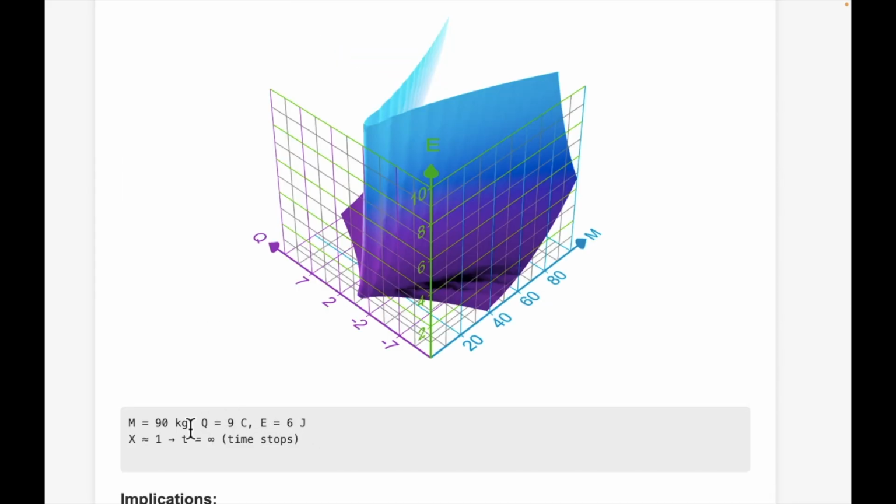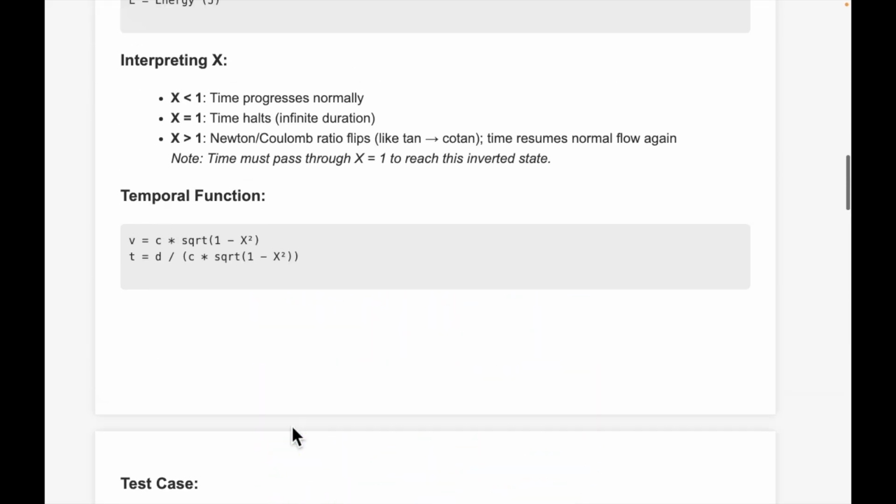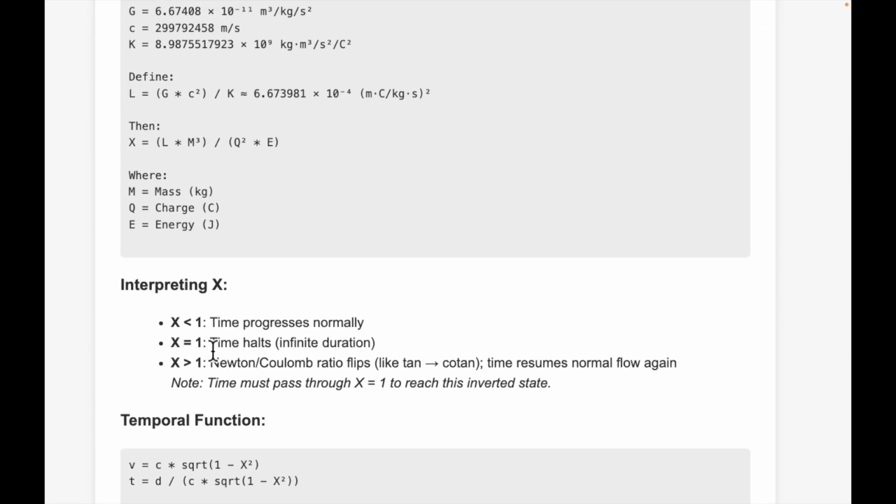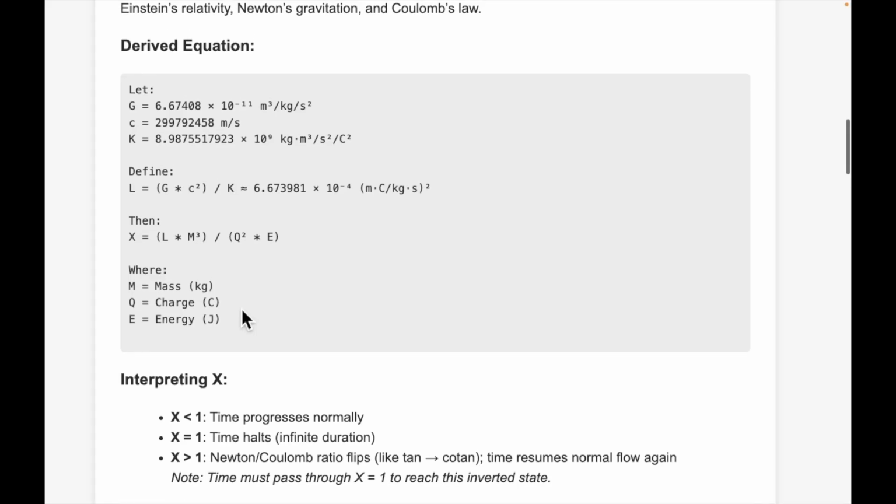I found that this combination causes x to equal 1, and we get L, which is the combined gravitational, speed of light, and electromotive constant. You'll find these numbers in almost every physics textbook: the speed of light is nearly 3 times 10 to the 8th meters per second, and then you've got the gravitational constant.